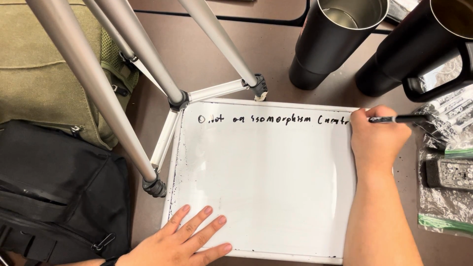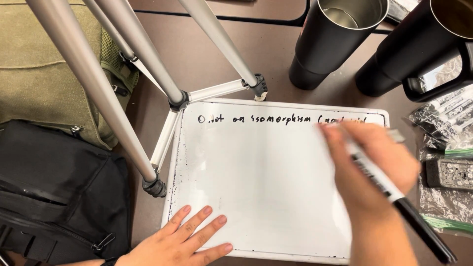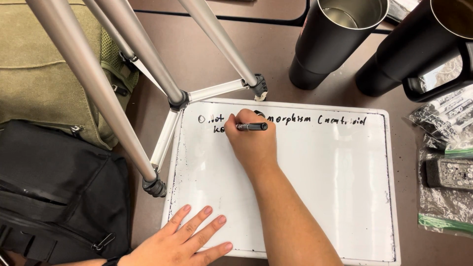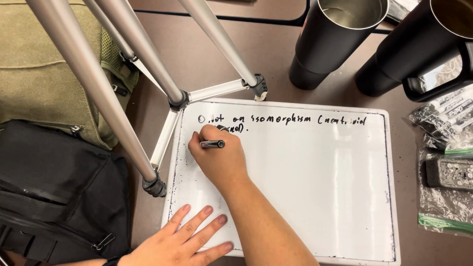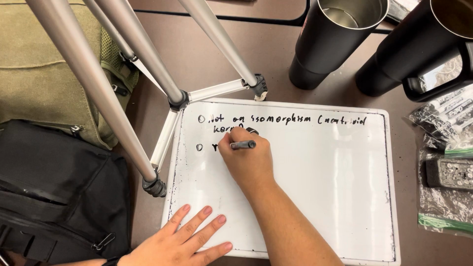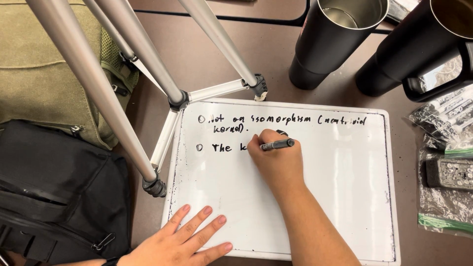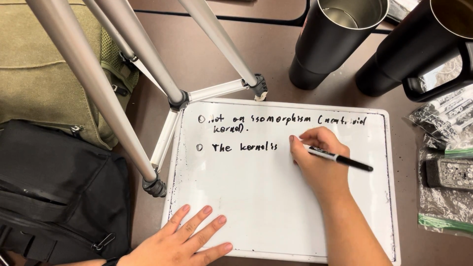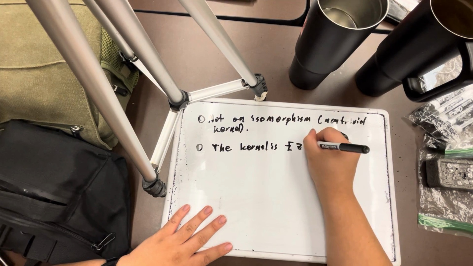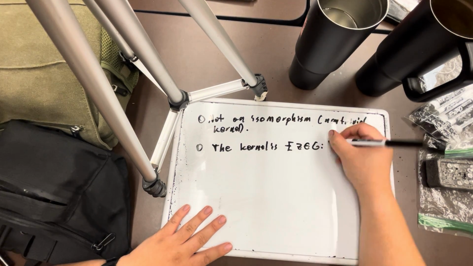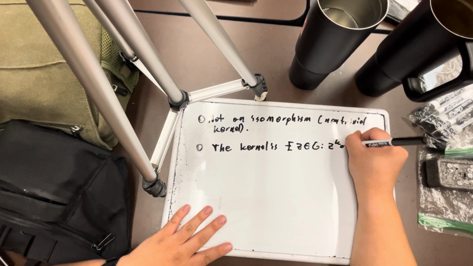Non-trivial kernel. The kernel is the set containing Z within G such that Z to the K is equal to 1.